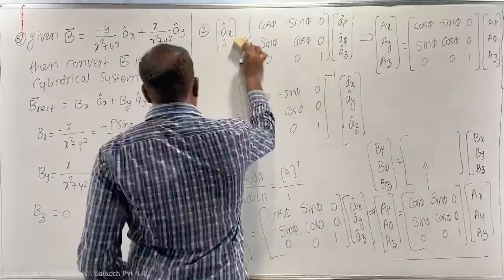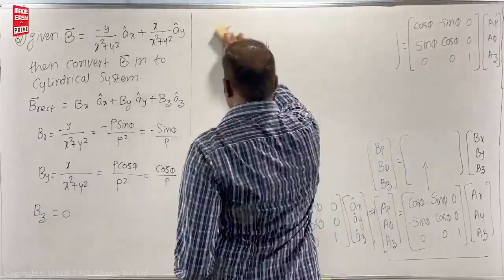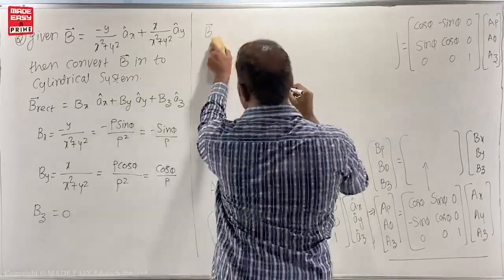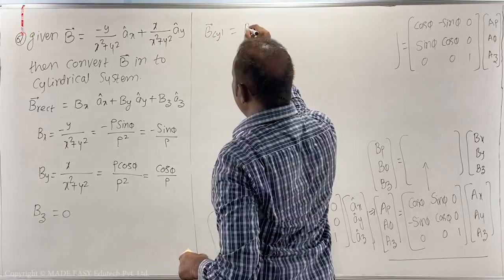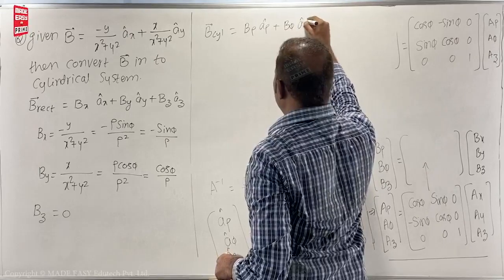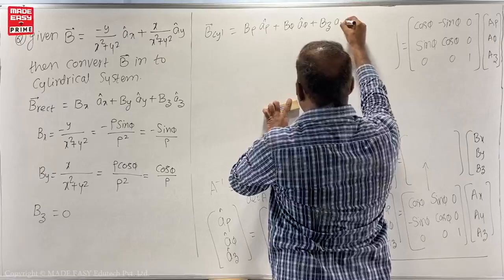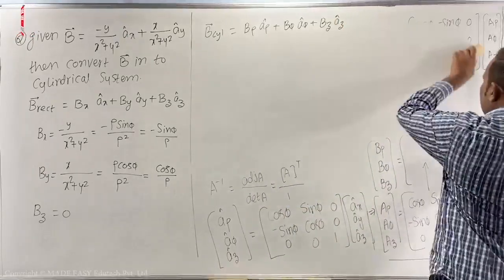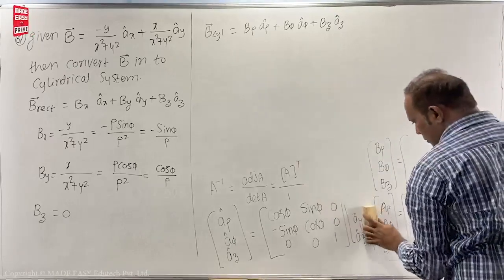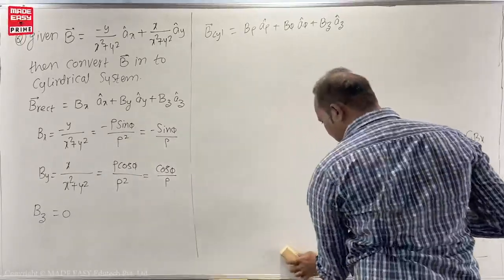Now actually what is this b bar vector in the cylindrical system? So b bar vector in cylindrical system is having a rho component, phi component, and z component of b bar vector. Okay, so here you have to use this matrix here, this one.